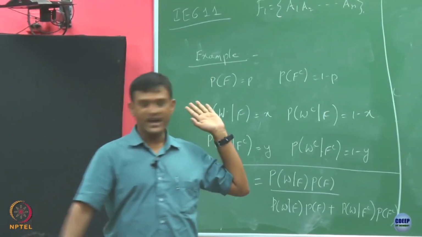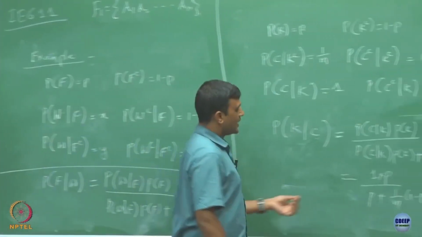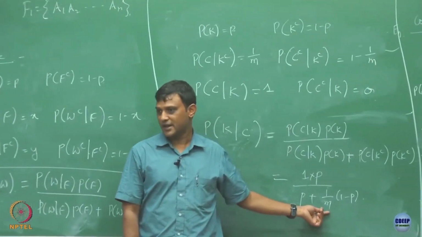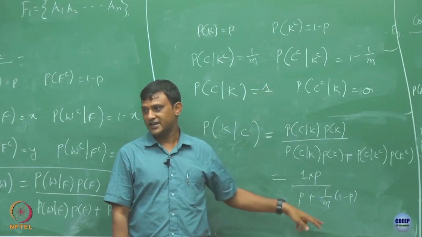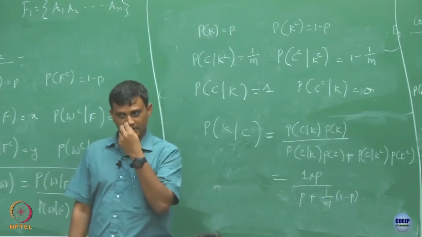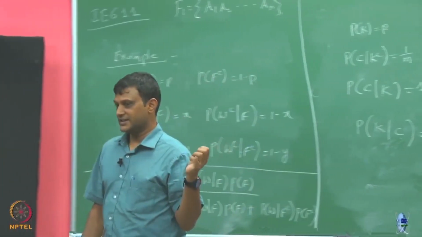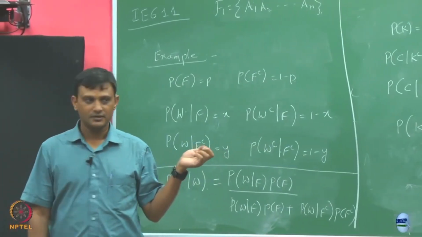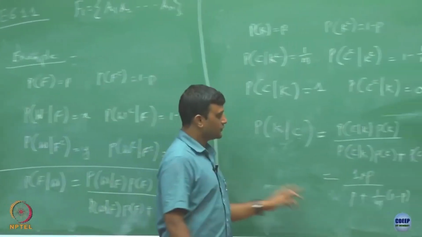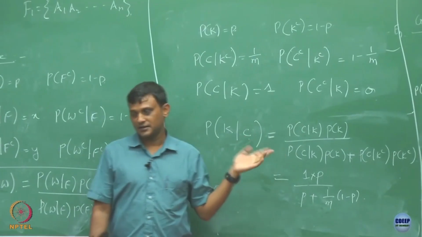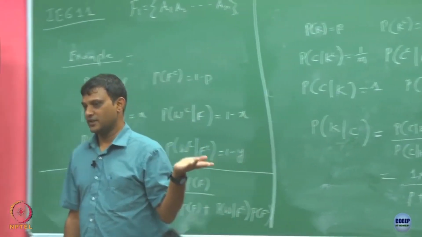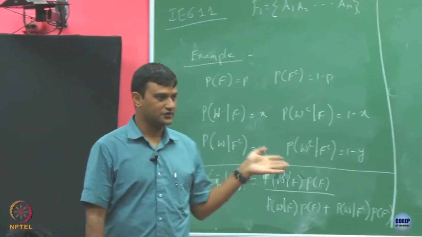So if m is your choice, the number of choices you can give, do you want to increase m or decrease m? What is happening with increasing m? If you increase m, this is also increasing, right? That means you are making your exam paper more robust.